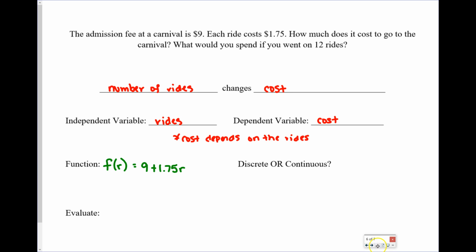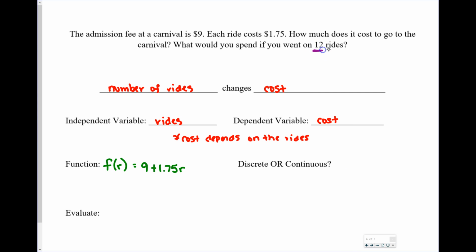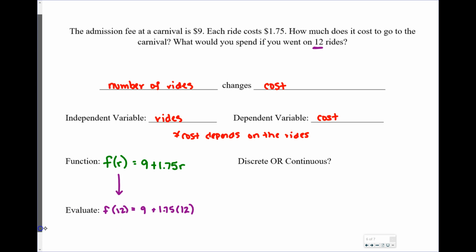Now to evaluate that function, I know that she's going to go on 12 rides, or whoever this is happening to. So I'm going to replace the r with 12, and then I'm going to solve this problem. Wherever I see r, I'm going to put in 12. Then I'm going to evaluate this.